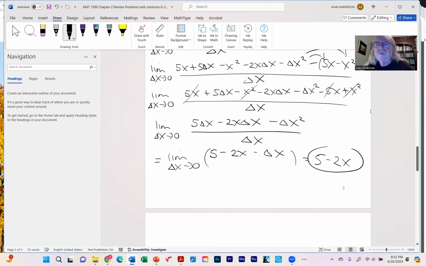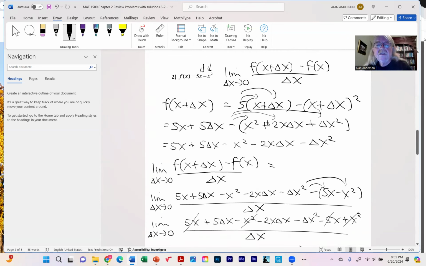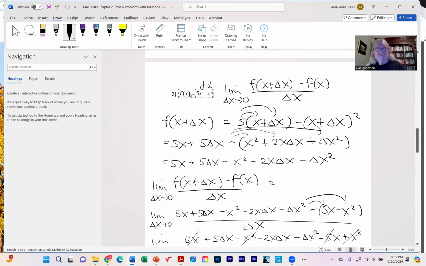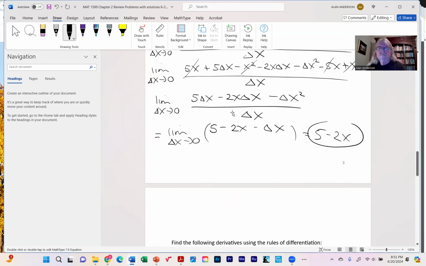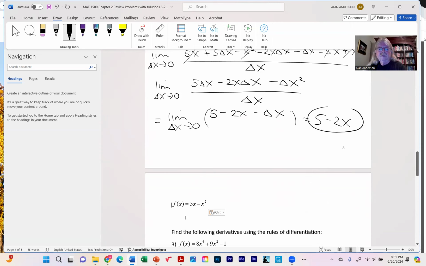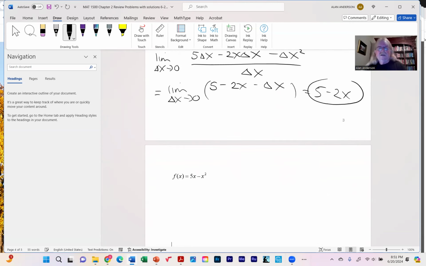Now we can confirm this by applying the power rule to this expression. So for the first term, 5x, remember the way this works with the power rule. Whenever you have a constant times x, the first derivative will be just k. The second term is minus x squared.